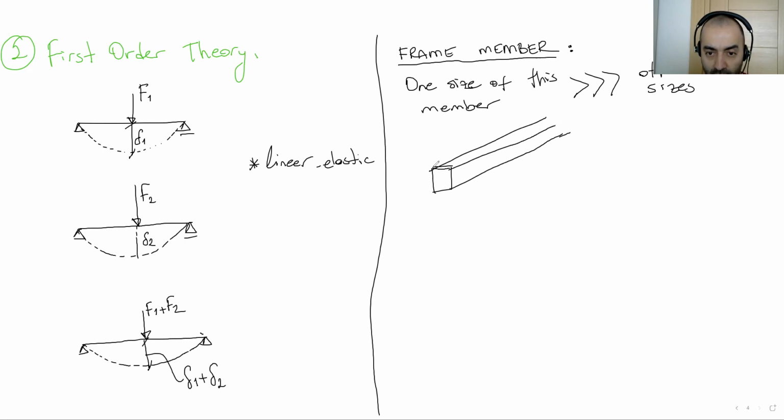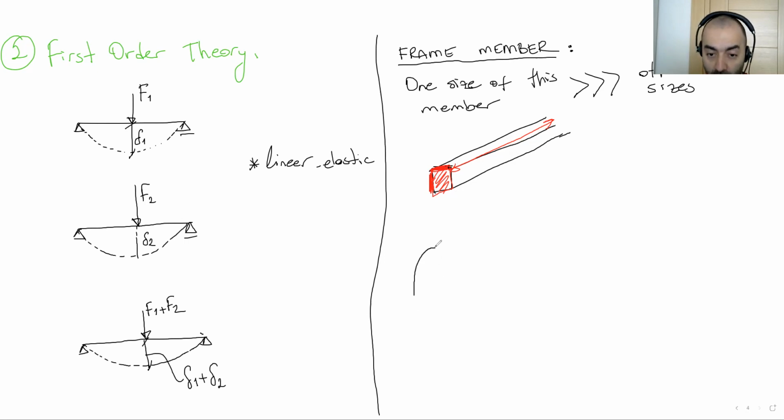That's okay. But as you can see, one dimension, which is the length of the member, this size, is larger than the section size. Larger than this depth or width. This is a kind of frame member.